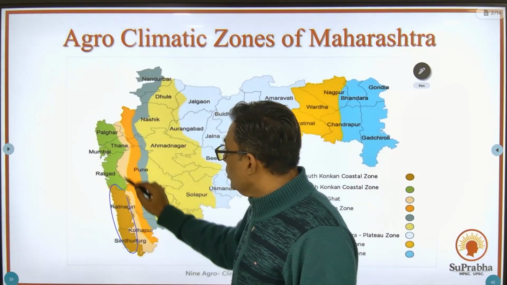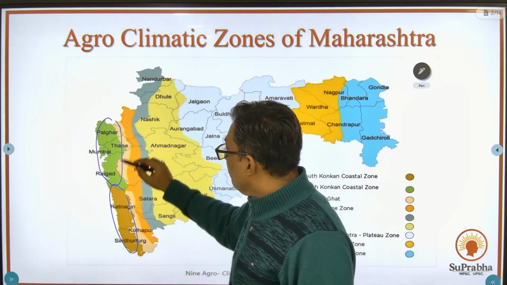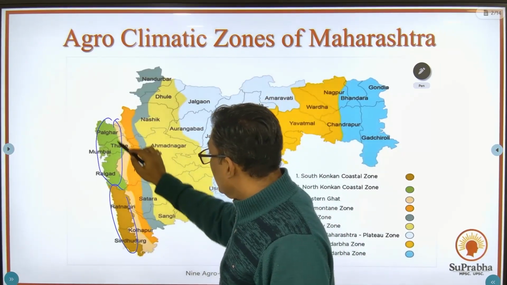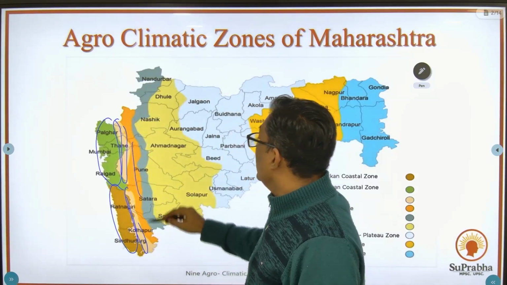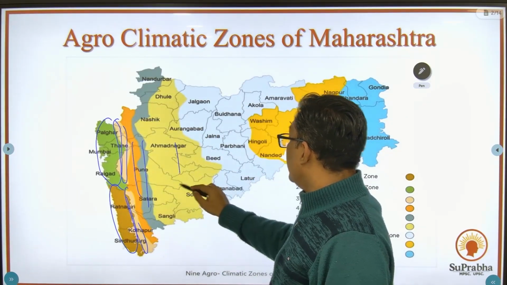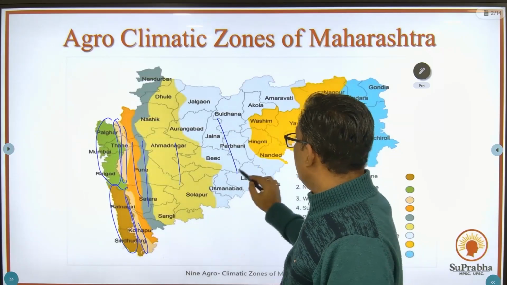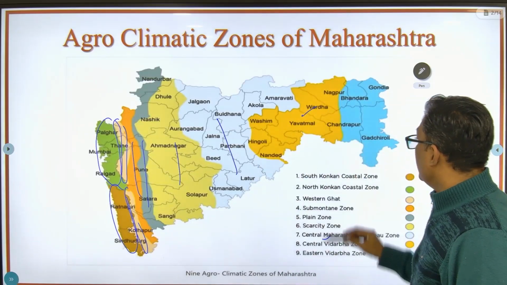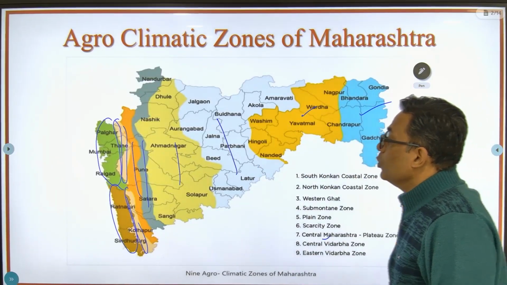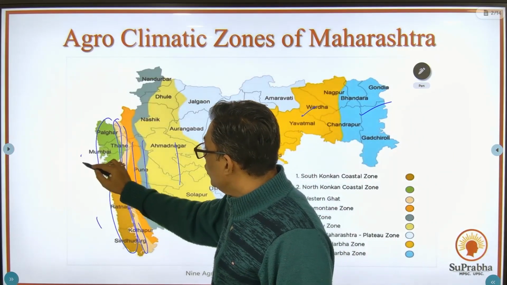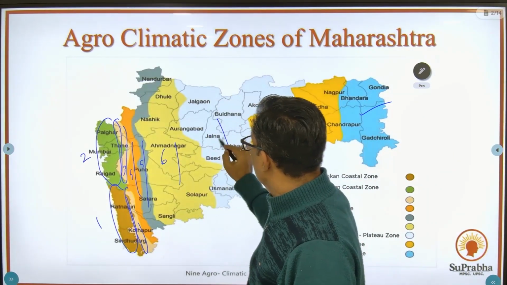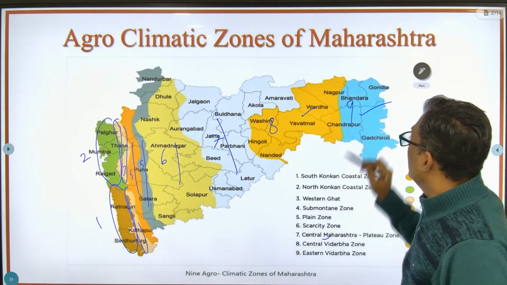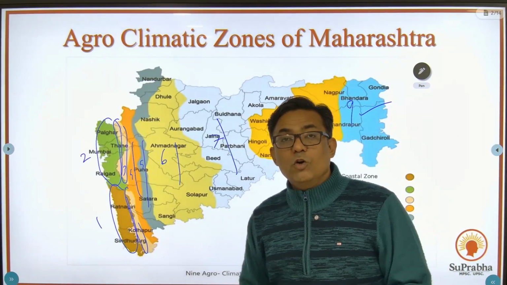This is the South Konkan, this is the North Konkan, then the third zone, the Western Ghat zones, then the sub-mountain zone, the plain zone, the scarcity zone, the Central Maharashtra plateau zone, the Central Vidarbha zone, and the Eastern Vidarbha zones. So these are the 9 zones we have with respect to the agroclimatic zones of Maharashtra.